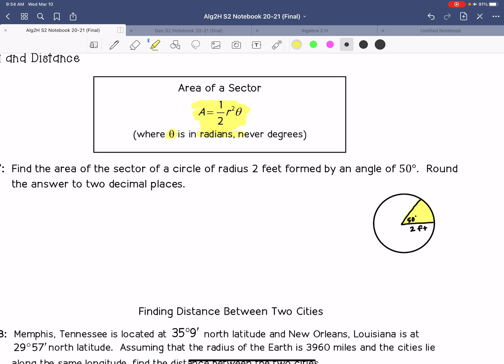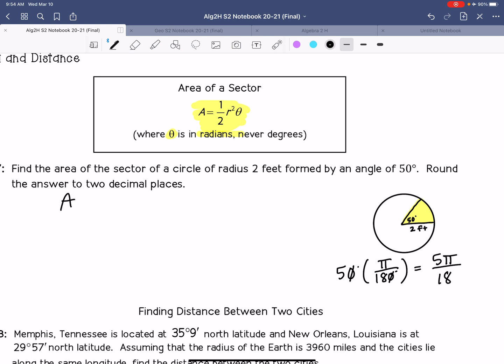So again, first thing I need to be careful about, this is in degrees, I need it in radians. So 50 degrees times pi over 180. The degrees will cancel, so I get 5 pi over 18.